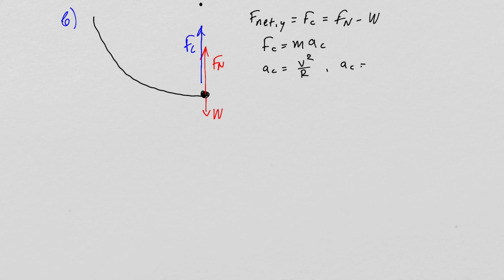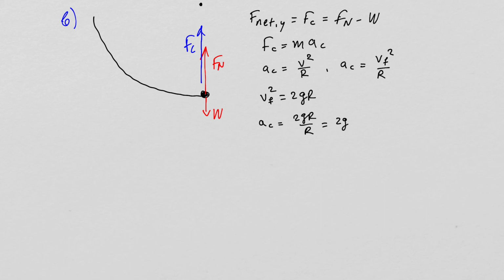So the centripetal acceleration will be v final squared divided by the radius. But v final squared, we found, was equal to 2 times gr. So combining the two gives me that the centripetal acceleration is equal to 2 times gr divided by r, or that is 2 times g.